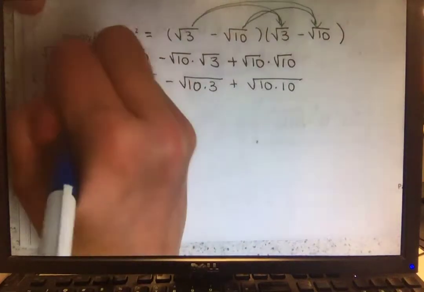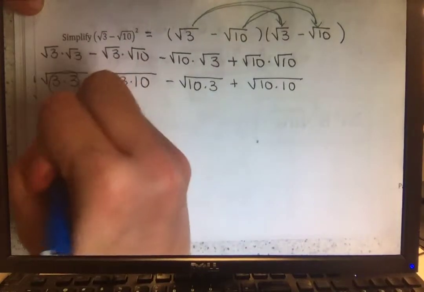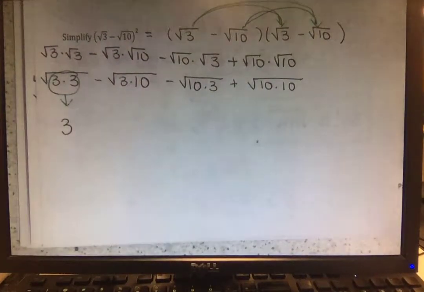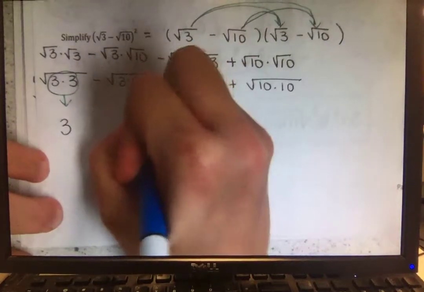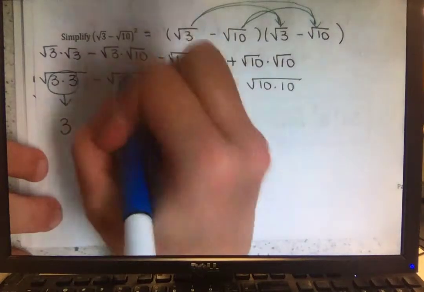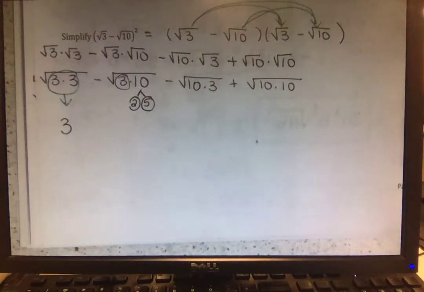It's the square root, we're looking for 2 of a kind. So these 2 3's are coming out of the radical. Nothing's left underneath that radical, so that radical is going to go away. The second one, I have 3, which is completely broken down, but I can break down 10 into 2 times 5. But underneath the radical, I have a 3, a 2, and a 5. So none of these are like terms. There's not 2 of a kind, so I can't simplify it.